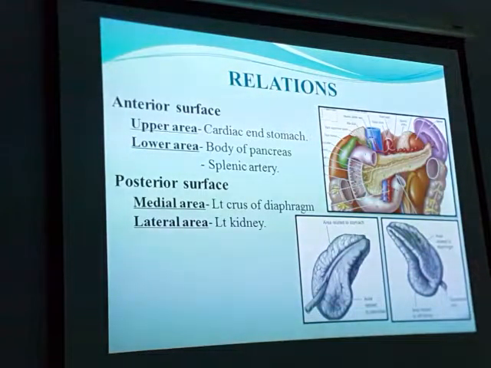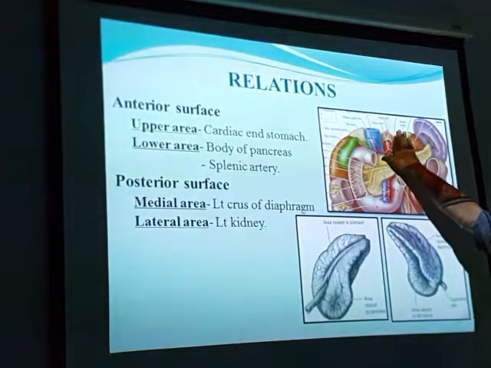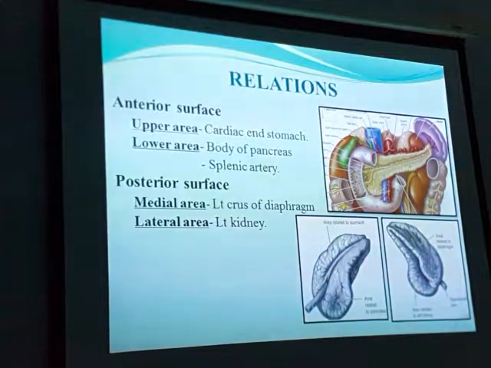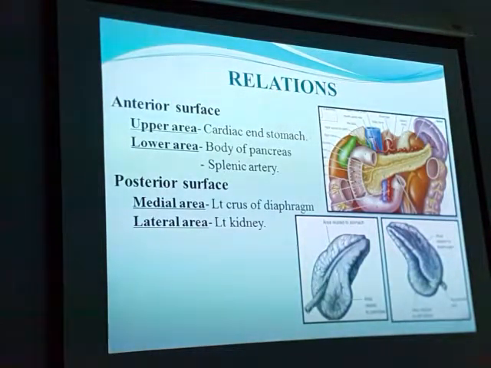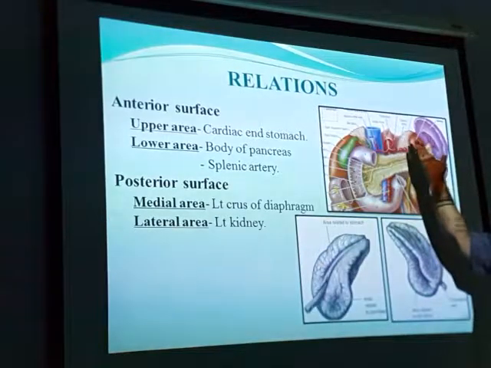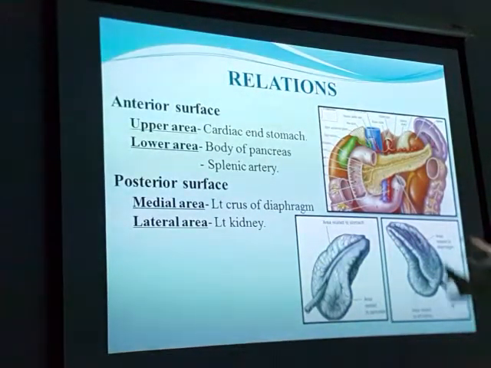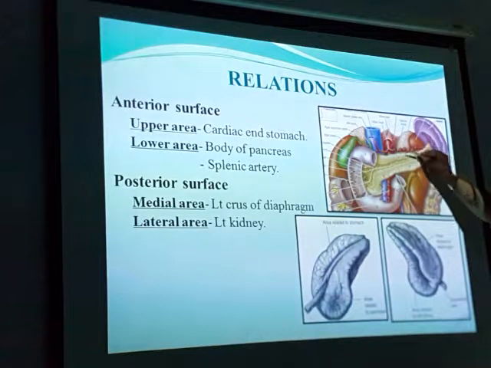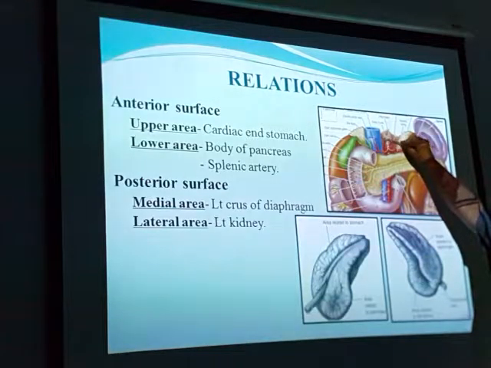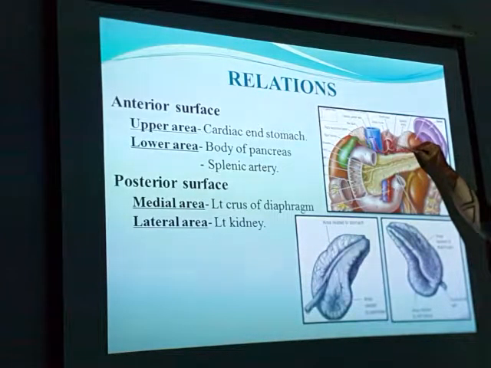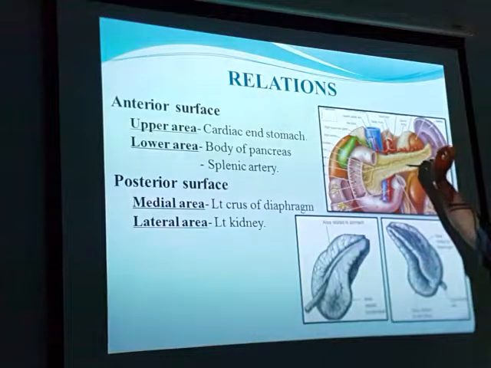Okay. And about the posterior surface, behind this surface, it has a medial area and a lateral area. The medial area is related with the left crus of the diaphragm. See here, this is the aorta, and these muscle fibers are the diaphragm muscle.